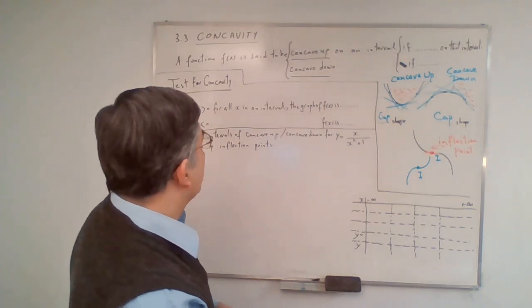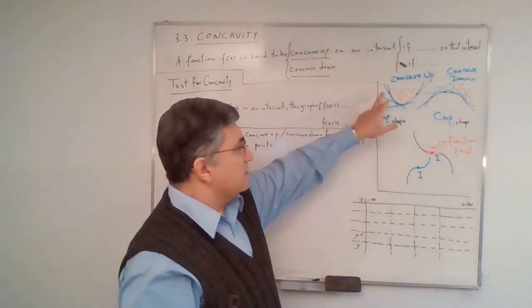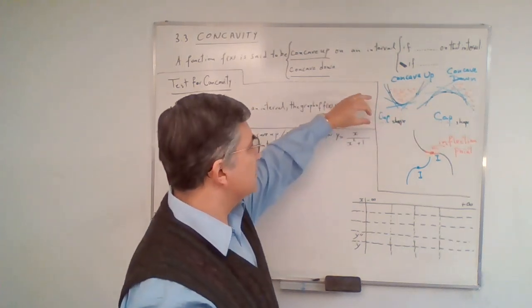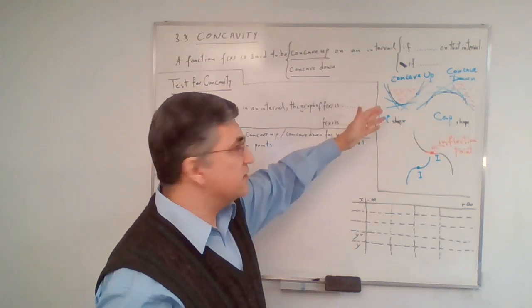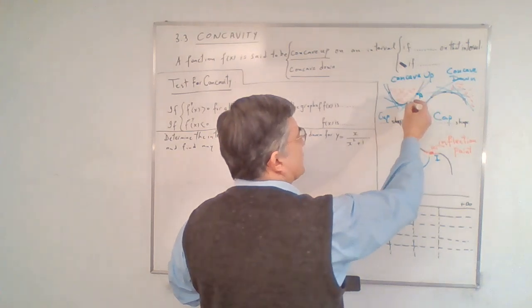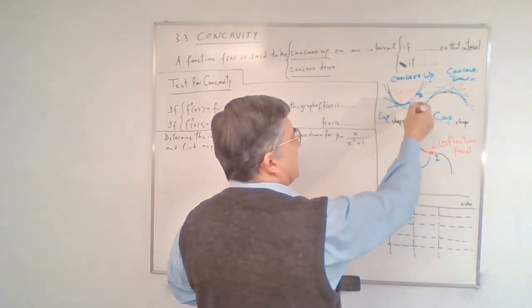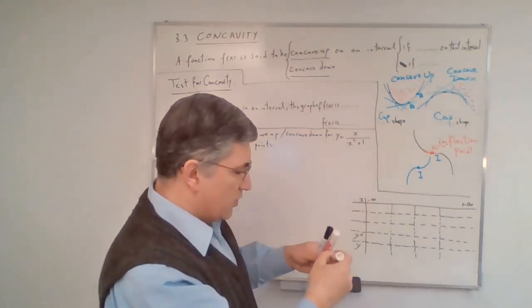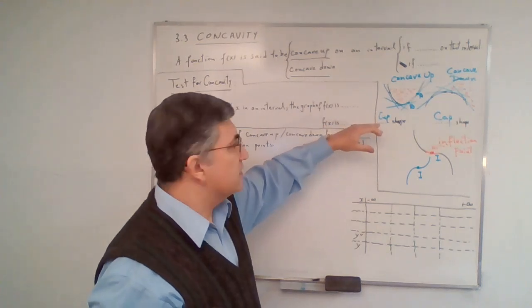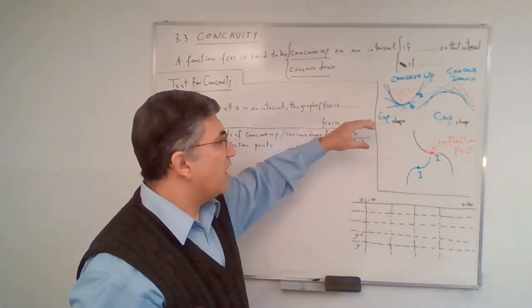Now, another thing, if you look at these tangent lines from left to right, you see that the slope of these tangents are increasing. Like the slope of tangent here at point A is greater than the slope of tangent here at point B. So we see that the rate of change of slope is actually positive.